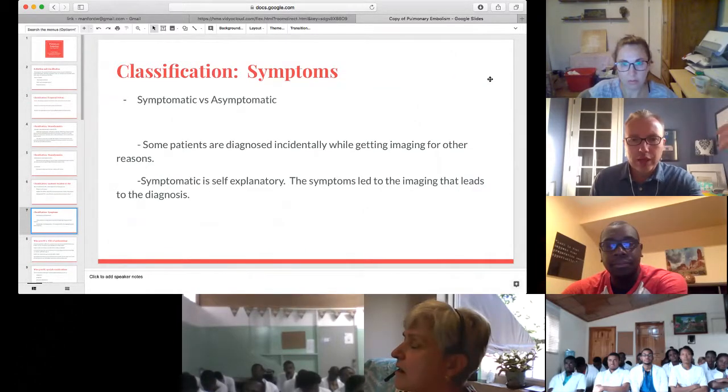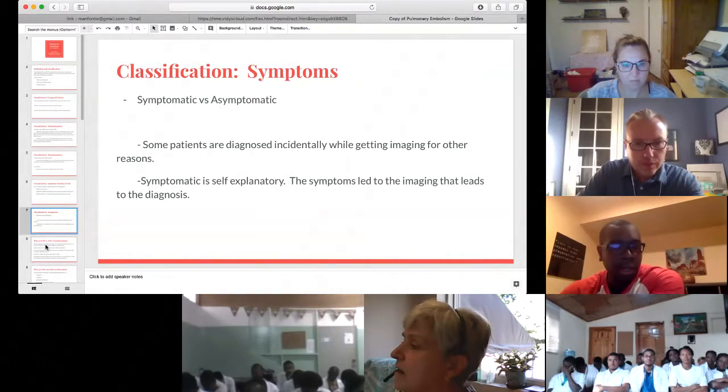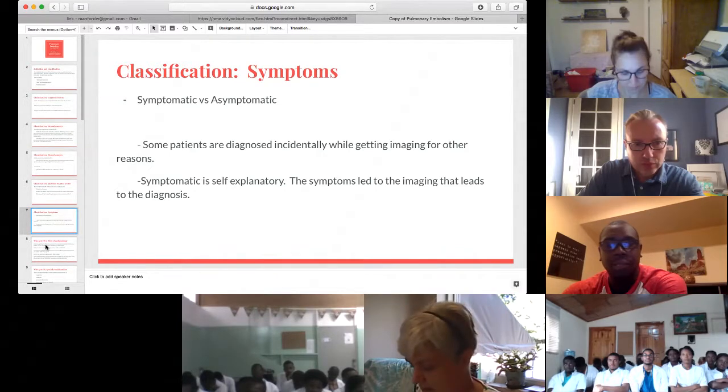So you are incidentally finding a pulmonary emboli on imaging when they didn't have any symptoms, basically, for asymptomatic. Généralement, ces patients, le diagnostic est posé par coïncidence, si vous voulez, quand on fait des examens pour d'autres raisons.